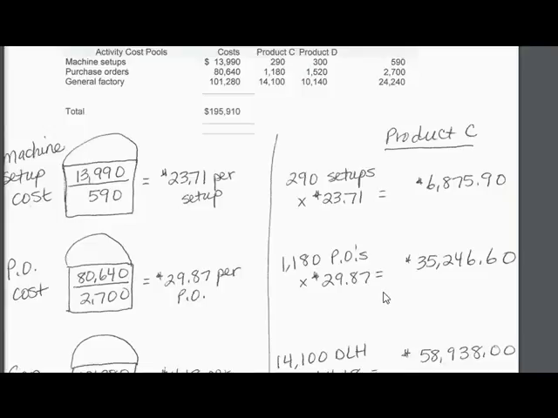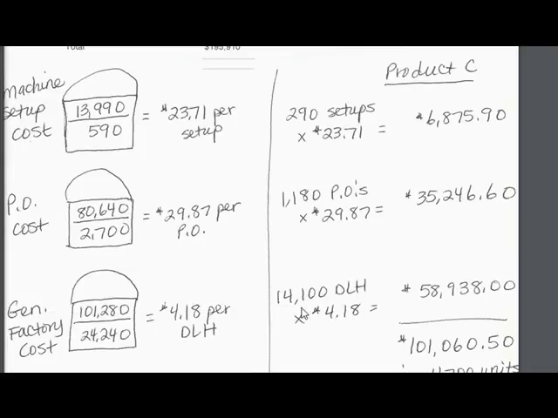Down here, we're multiplying the 1,180 purchase orders, which we see up here in the product C column, by the dollar amount of overhead per purchase order to get the purchase order cost allocated to product C. And down here, finally, we're taking the 14,100 direct labor hours that will be worked on product C and multiplying by this $4.18 figure that we calculated over here.